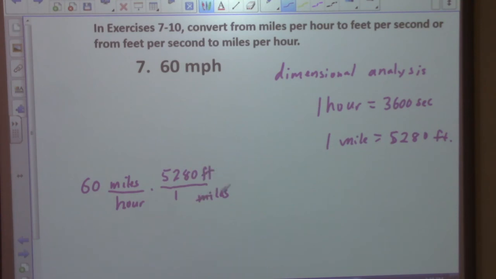With this conversion factor you've canceled out miles over miles. Next, what do we have to cancel out? Hours. How many seconds do we have per hour? 3,600. We cancel out here, and if we do this right, we're left with feet over second. So our answer is going to be 60 times 5280 divided by 3,600 feet per second.